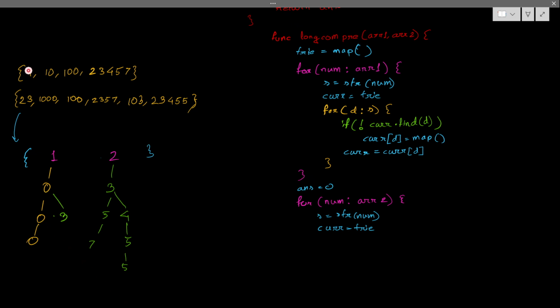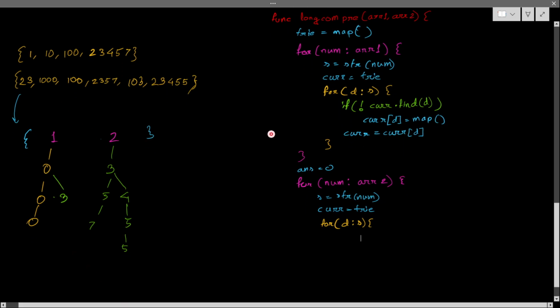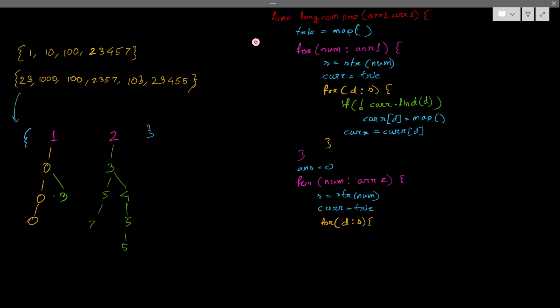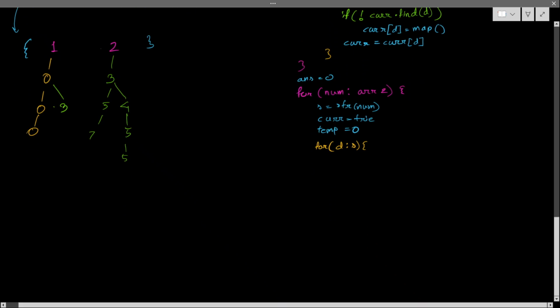Now again for each digit in s I have to check, so another loop: for each digit in s. I also need another local variable to track what my current matching length is. So let's say temp equals 0.